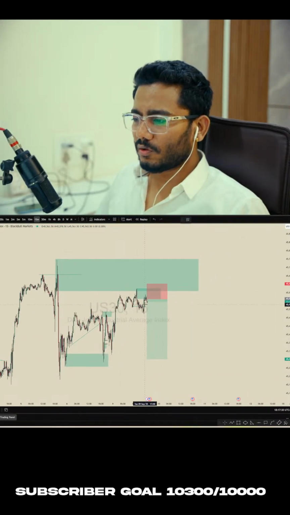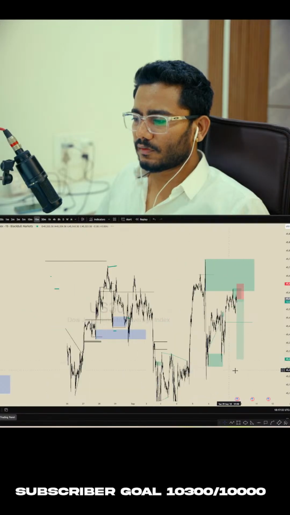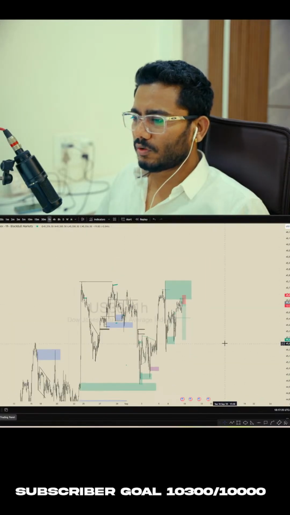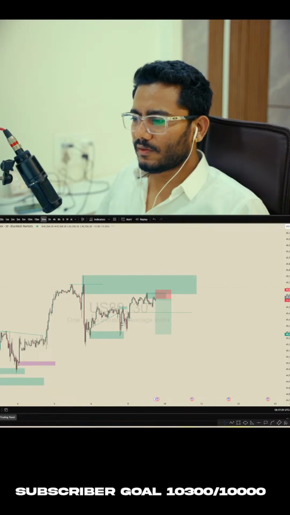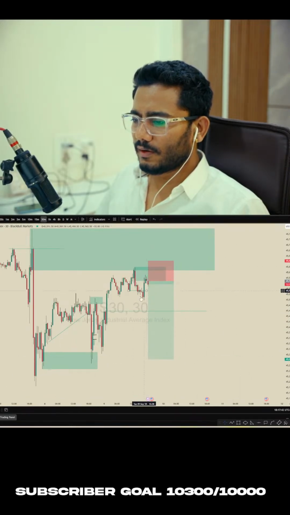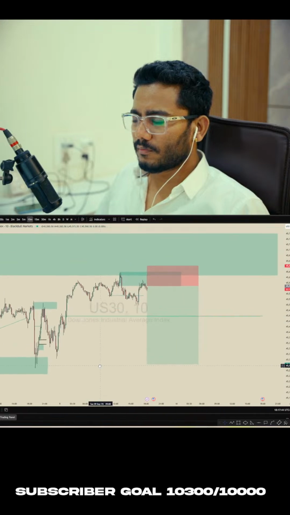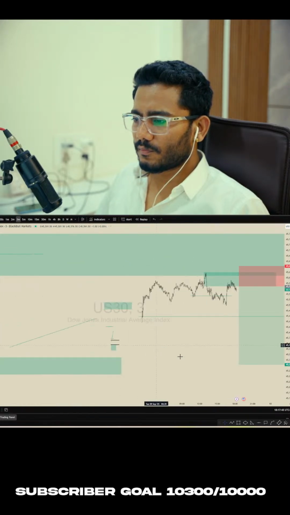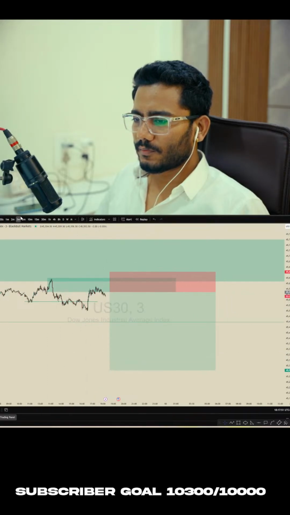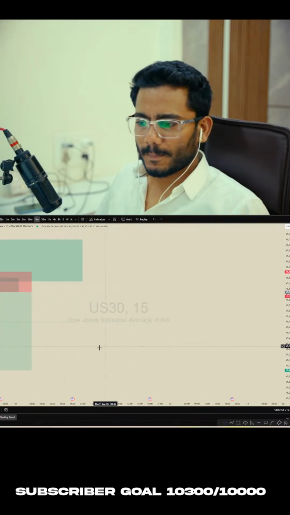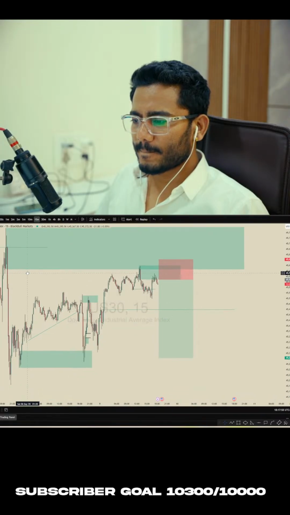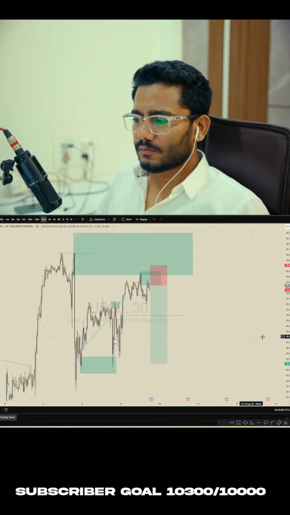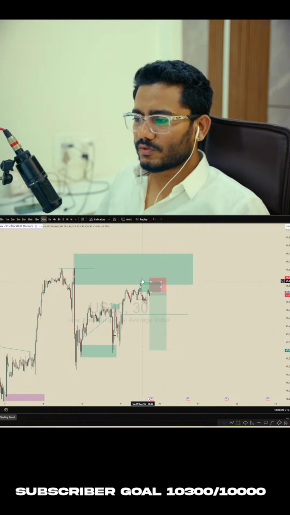You can go to break even after this. Let's go to 4 and see. Price has tapped here, but looking at this big candle, we should look for entry over here.